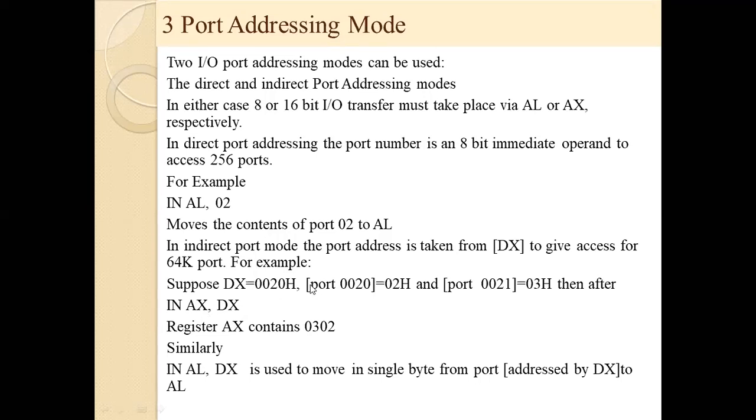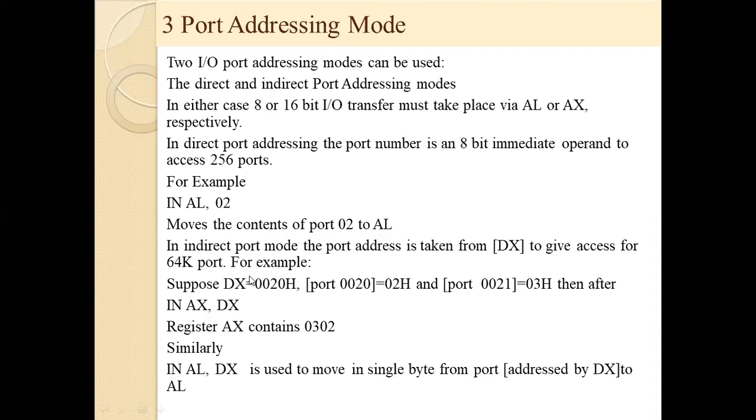For example, an example is given over here. Suppose that DX is equal to 0020. It means that 0020 is your port address. And on that location, what is on the port, which data is on the port?